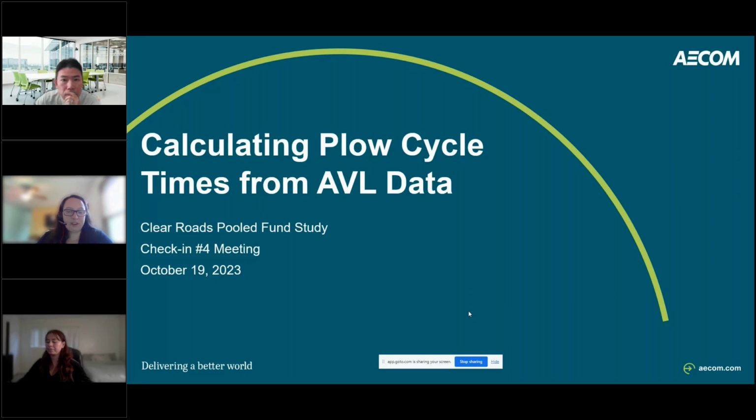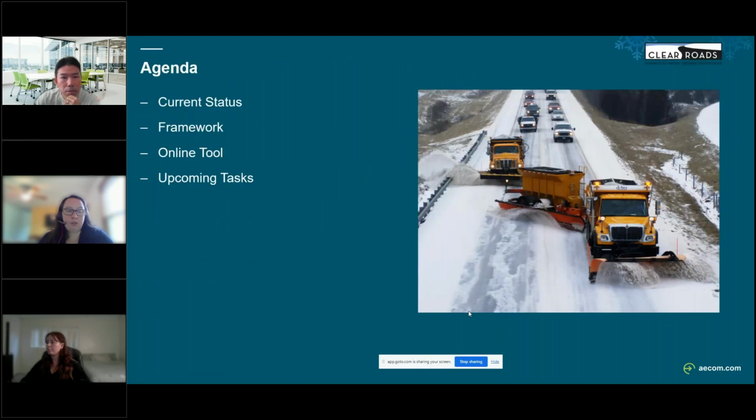Now we're ready. All right, so this is our fourth check-in for calculating plow cycle time from AVL data. And you can go to the next slide. Today we'll discuss the current status. We're going to walk through the framework document, just at a high level, what each section entails.